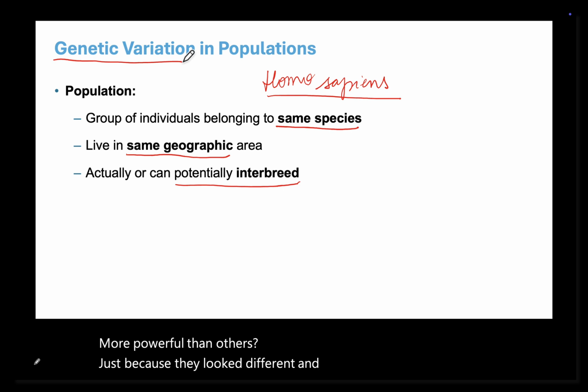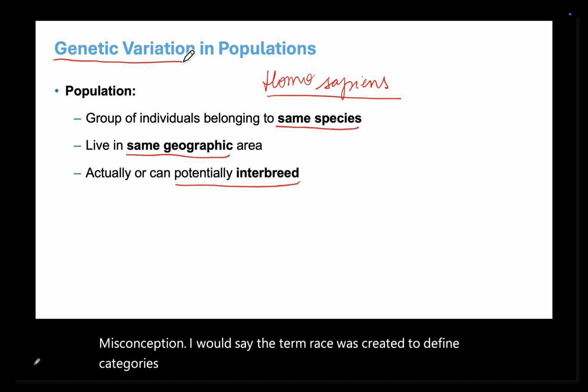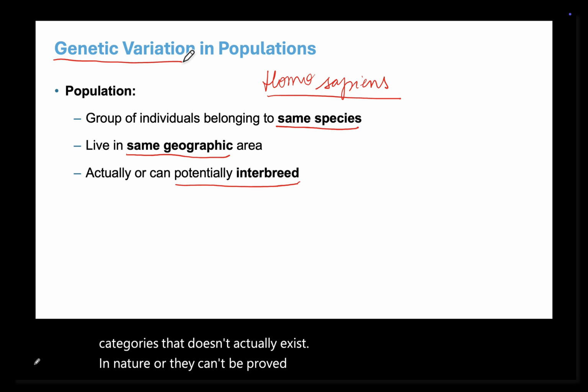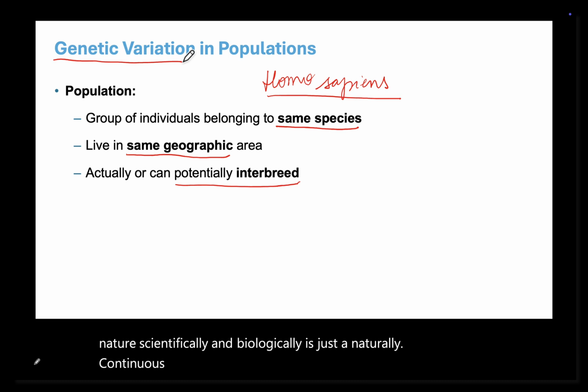And because of this misconception, I would say, the term race was created to define categories that don't actually exist in nature, or that can't be proved to exist, because what we call nature scientifically and biologically is just a natural continuum of this variation that we observe in the DNA.